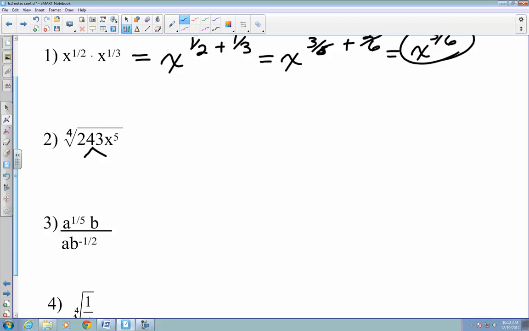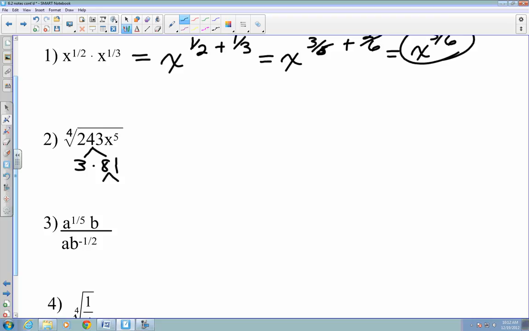Next, I add the integers together. So I say 2 plus 4 plus 3 is 9. If that's a multiple of 3, then 3 will go in there. 3 will go into this one. So I have 3 times 81.